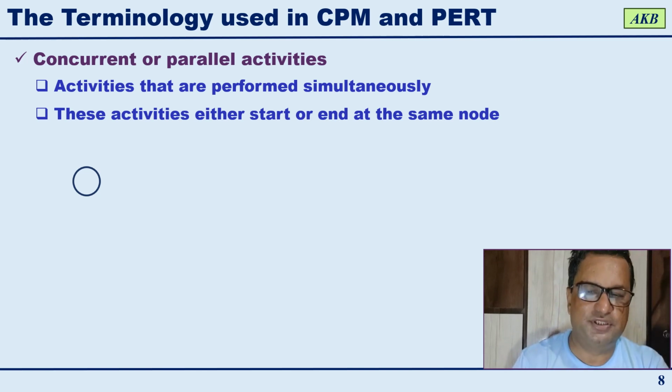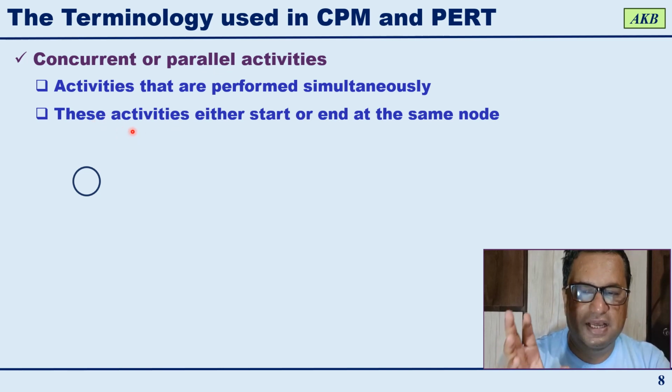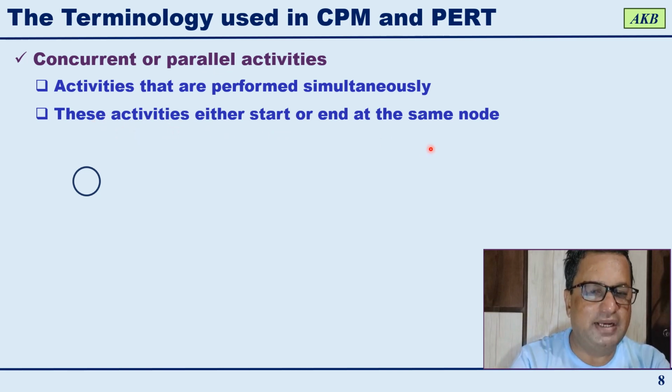Or in other words, concurrent or parallel activities have either a common start event or a common end event. The other way of understanding it is that they either start or end at the same node.